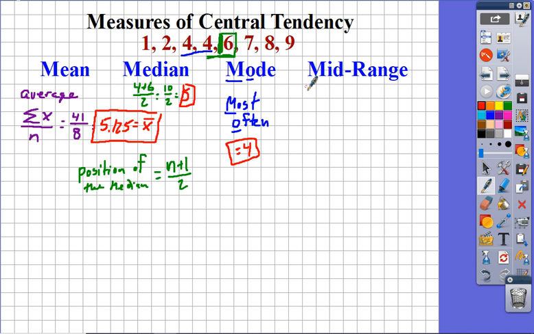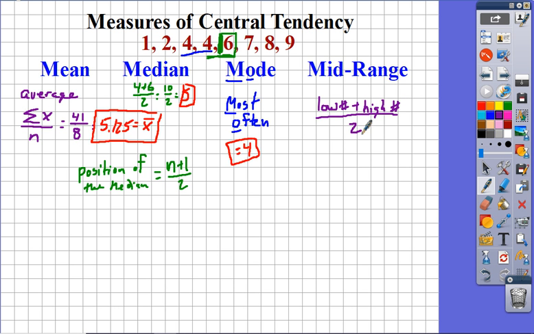Now, the last one I want to go over is the mid-range here. And this is probably a new one to most of you. Most of you know the range, largest number minus smallest number. We'll talk about that later. That gives you the distance covered by the data. The mid-range, that's going to give us the middle number of the endpoints. So the mid-range is simply taking the lowest number, adding it to the highest number, and dividing by 2.